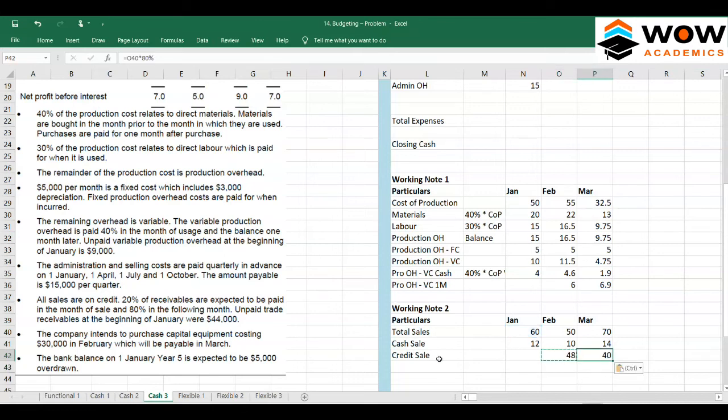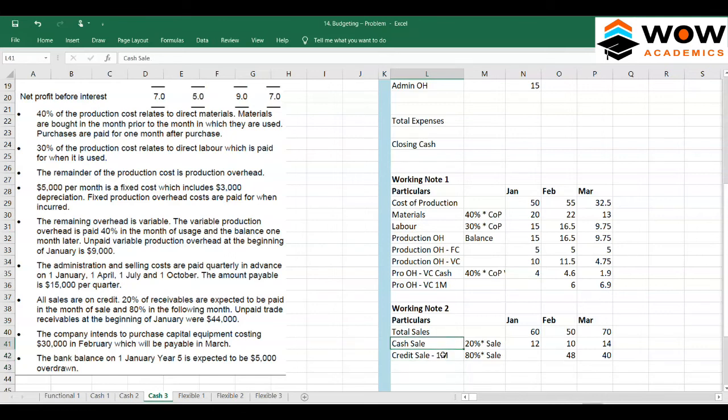So sales we can put like this. This is 20% of sale, and this is 80% of sale, which has a 1 month credit period.